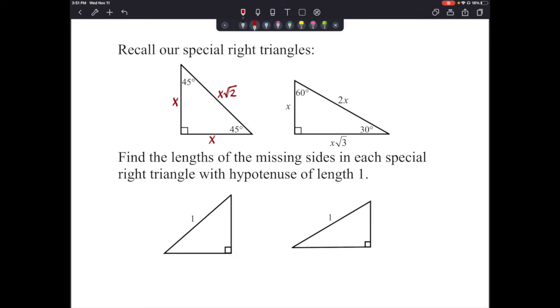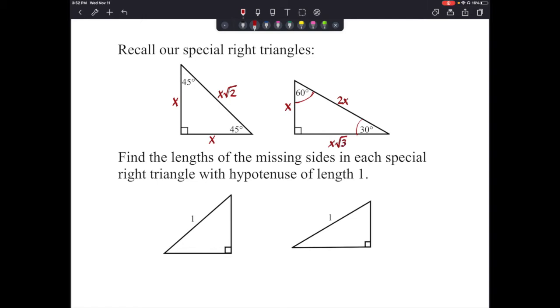For the 30-60-90 right triangle, we know that the 30-degree angle is the smallest one, which means the shortest side is across from it. We'll call that x. You know that the hypotenuse is always twice as long as the shortest side. And then the side opposite the 60-degree angle is the one that falls in the middle. It's going to be radical 3 times longer than our short side.